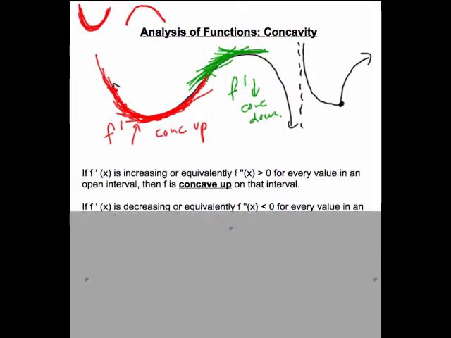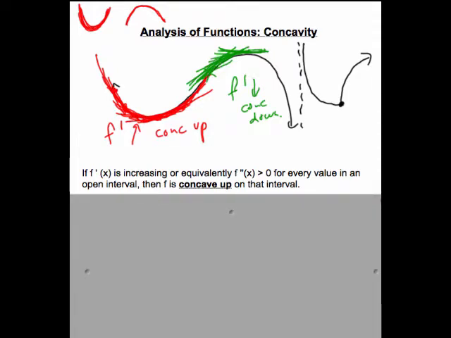All right, so let's just put this together. If the first derivative is increasing, now, we just finished talking about what it means when something's increasing and decreasing. And when something's increasing, its derivative is positive. So when I say that the first derivative is increasing, that's equivalent to saying that the second derivative is positive.